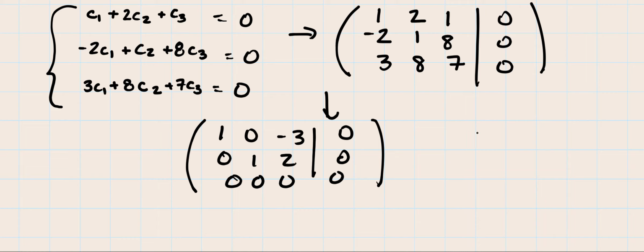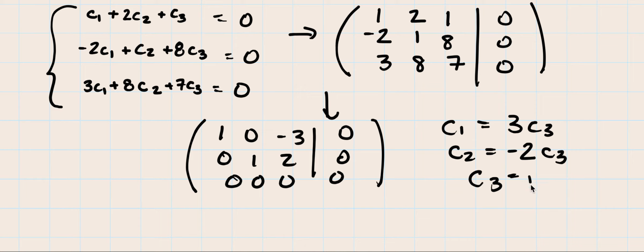Okay, and we see that C1 is equal to 3C3, C2 is equal to negative 2C3, and C3 is free. Solve for the pivots.